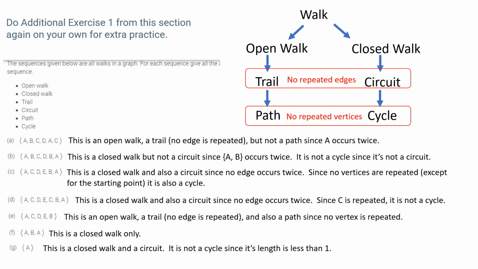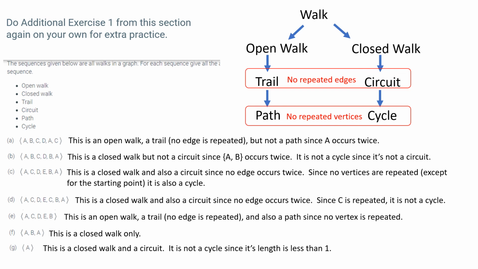I was thinking it was the circuit that had to be length at least 1, but evidently it's a cycle that has to have a length of 1 or greater to be a cycle, but it can be a circuit. So that's something kind of arbitrary that we'd have to just remember.